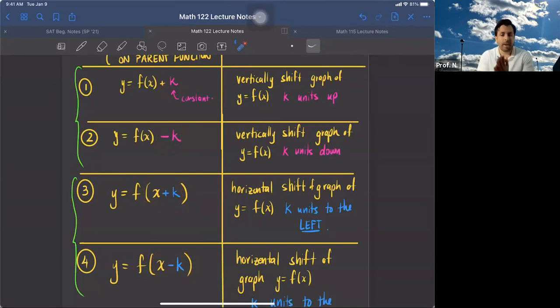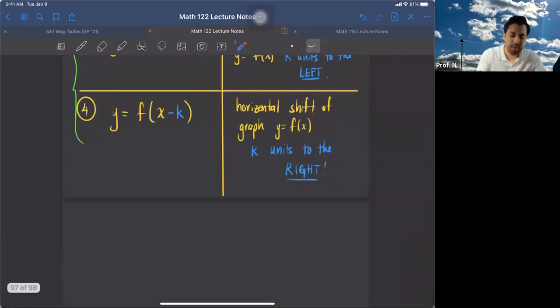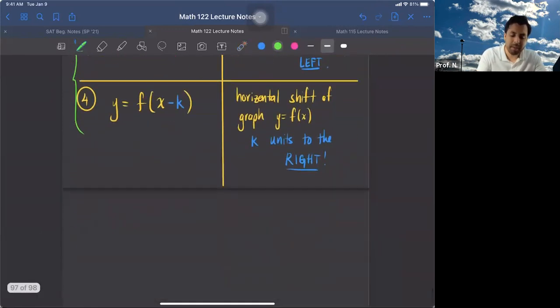So when you add or subtract a number on the outside of the parent function, you're shifting it up and down. When you're adding or subtracting a number within the parentheses to the x value only, then you're shifting it left and right. So now we're learning how to move things up and down, and how to move graphs left and right. That's the business that we're in at the moment.